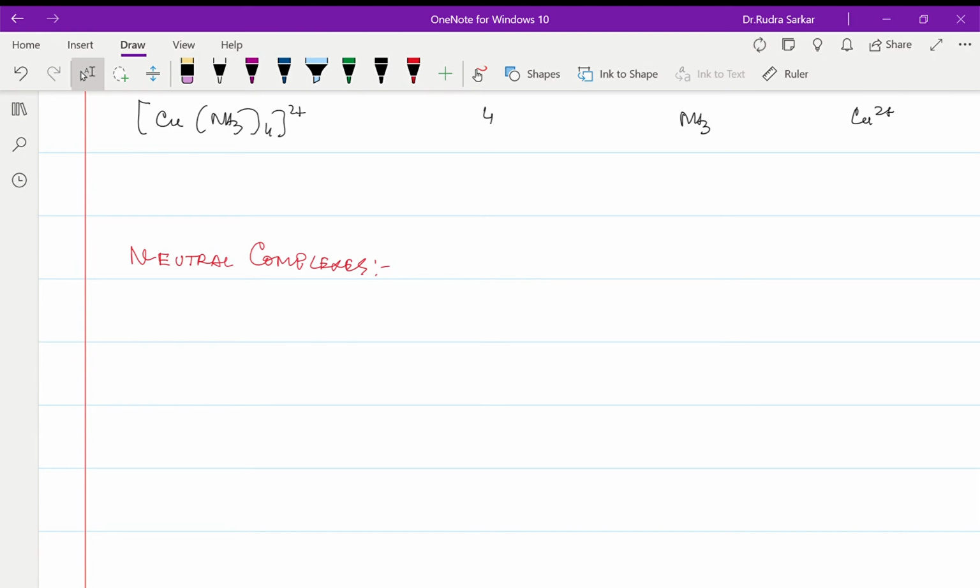So let's go for some neutral complexes. I'm giving you Co NH3 whole 6 Cl3. See, in most of the neutral complexes, there is nothing outside the third bracket.